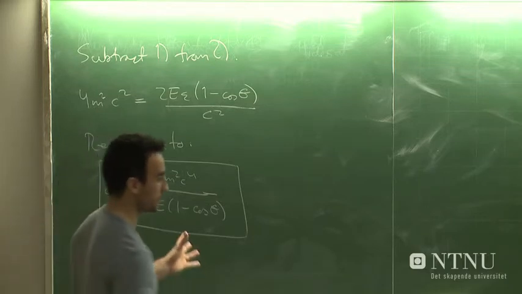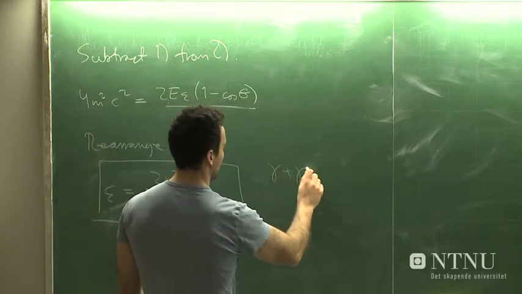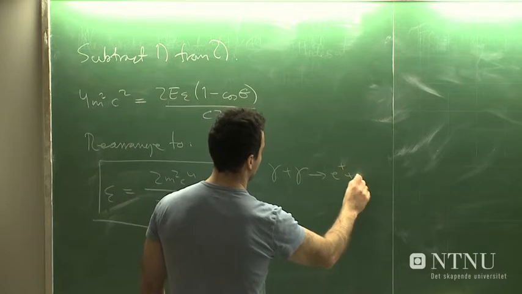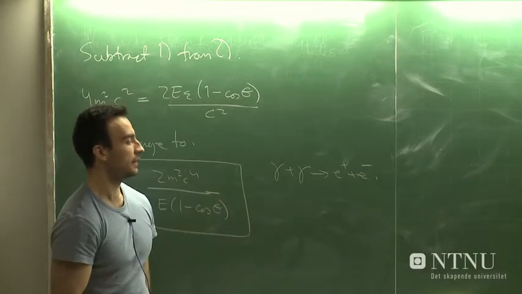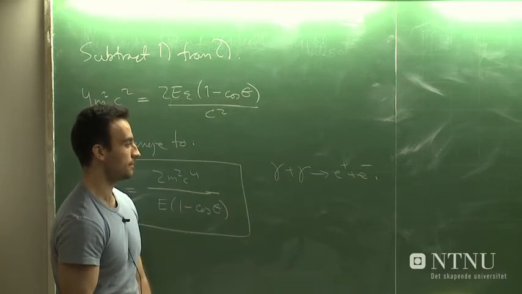So this could actually represent, for instance, the following reaction, just pair production by means of photons, like this.